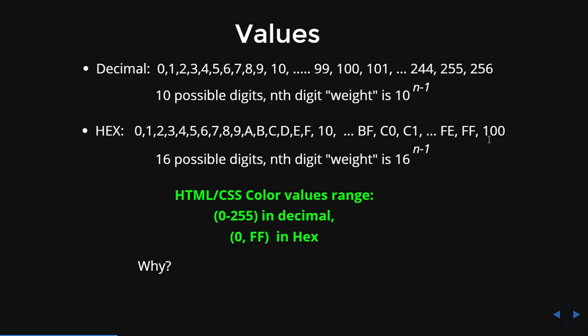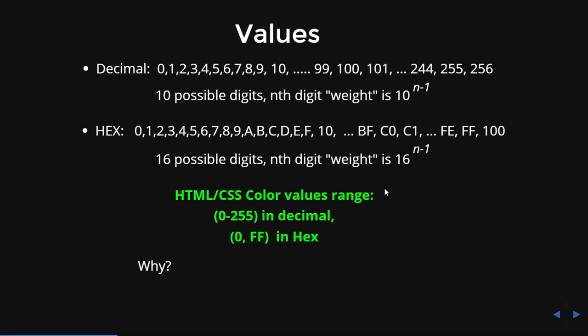So 16 possible digits, and the nth digit has a weight that's 16 to some power. 16 to the 1 is 16, 16 to the 2 is that third digit, which is 256s.